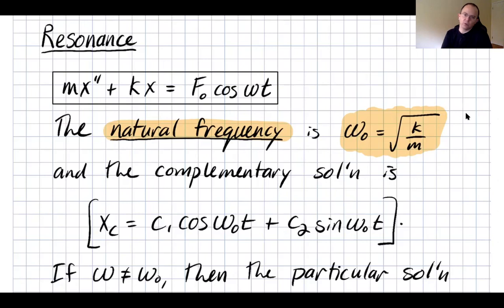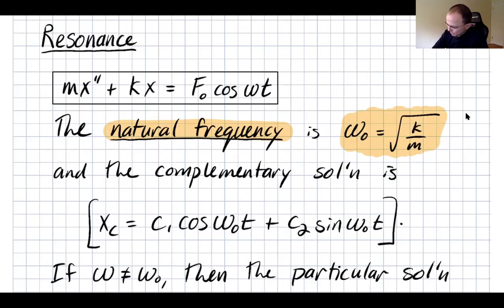Kind of like when I was talking about the soldiers marching on the bridge: if their cadence frequency matches one of the natural frequencies of the bridge, then this can cause the bridge to collapse. So let's see if we can observe this phenomenon mathematically using what we know about solving differential equations.